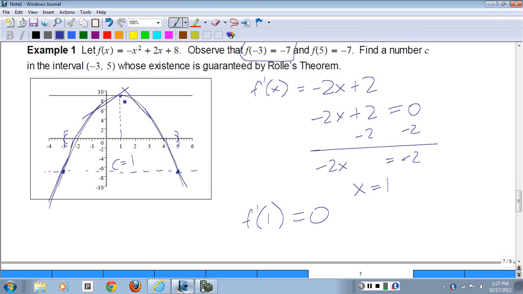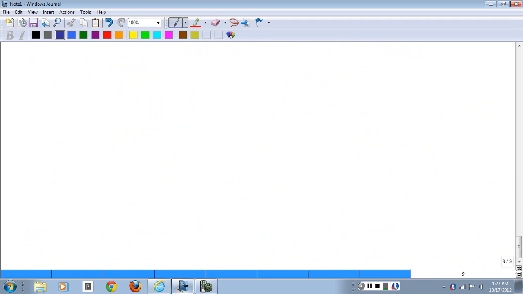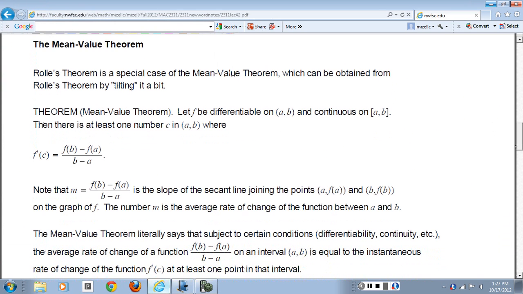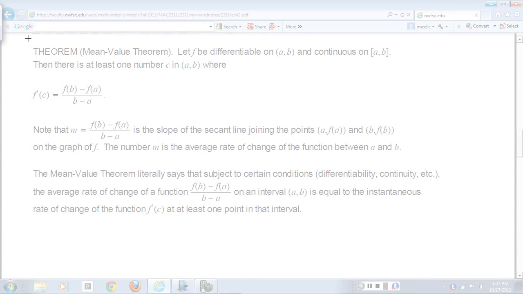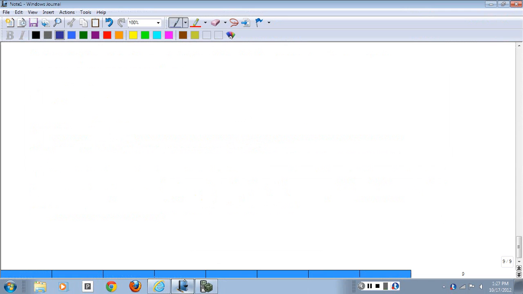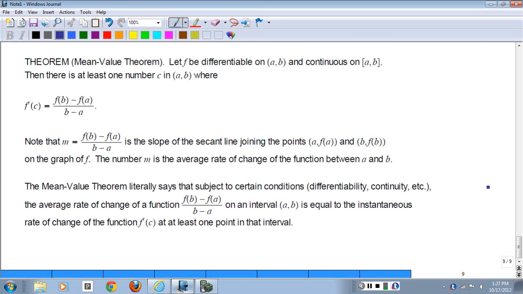Well, the mean value theorem is something like that. See what it says, and draw the picture. So, similar hypotheses. f needs to be differentiable, nice and smooth on the open interval, and it needs to be continuous on the closed interval AB.